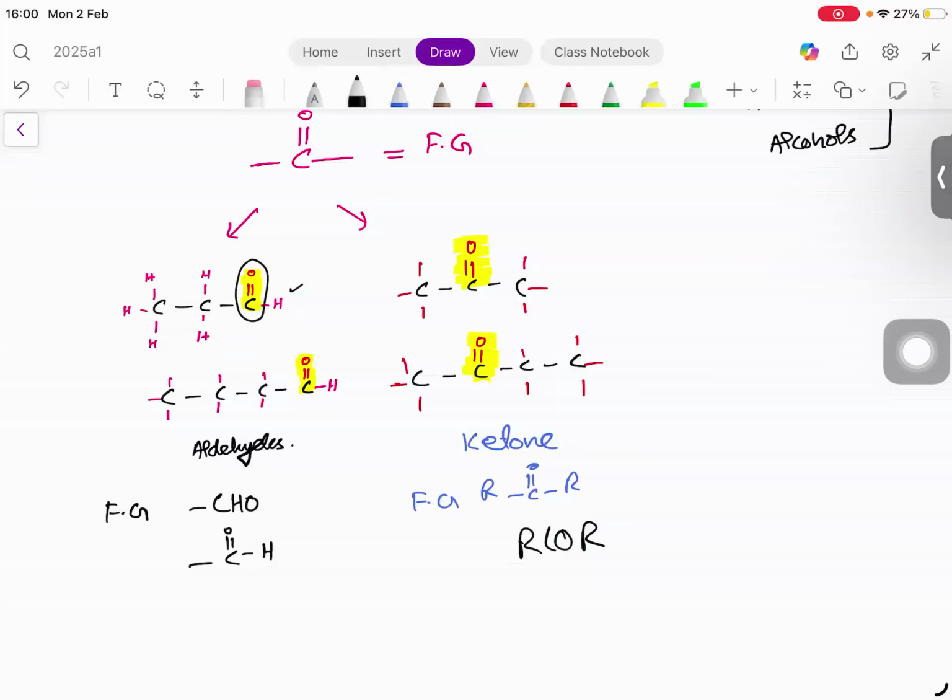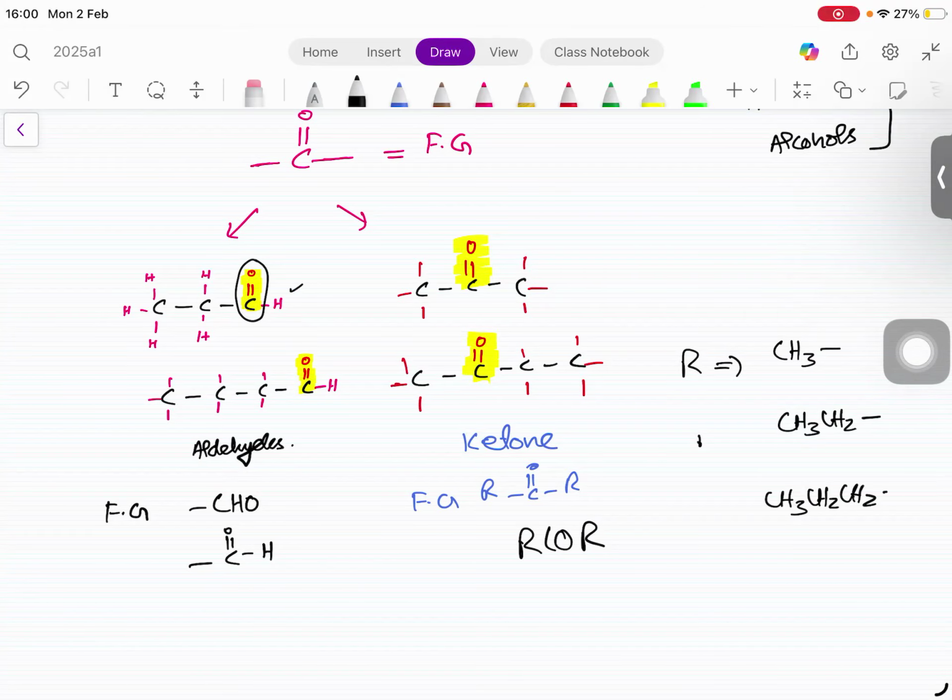R means carbon chain. Whenever we write R in organic chemistry, it means an alkyl group. The simplest one is CH3, or CH3CH2, or CH3CH2CH2 and so on.